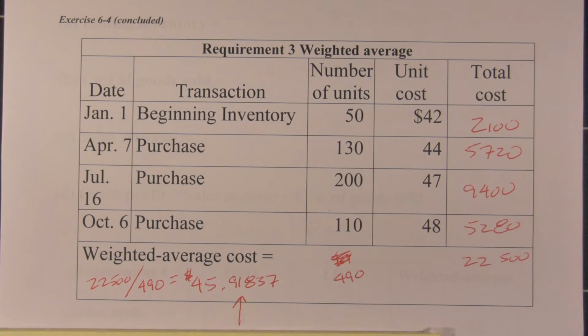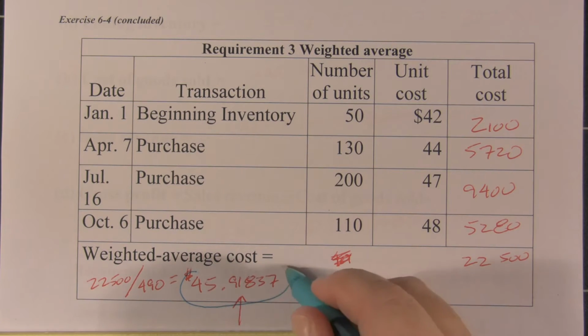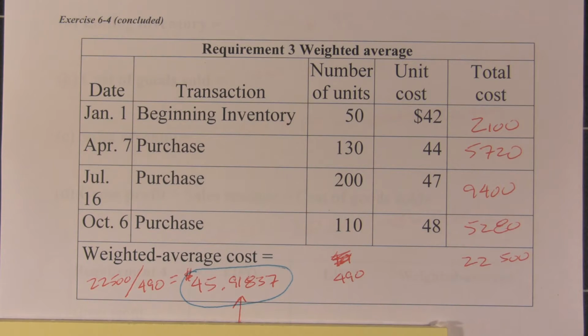So when you do that, you come up with a price per unit of $45.91837. When you're doing a problem like this, I recommend that you only round at the very end, because if you round as you go along, your rounding error could get large enough that it won't work.